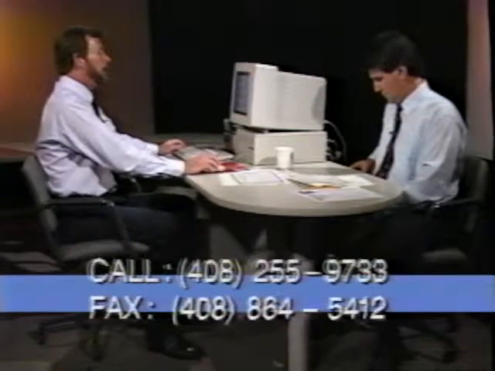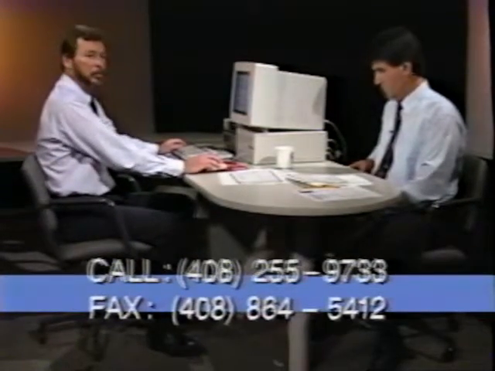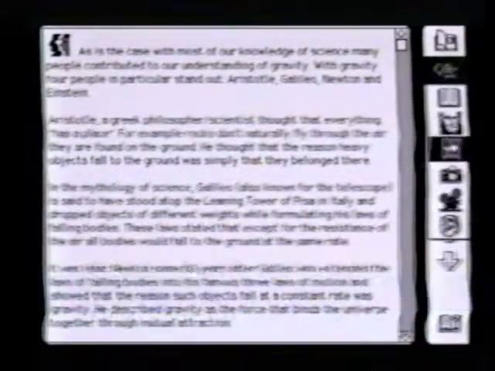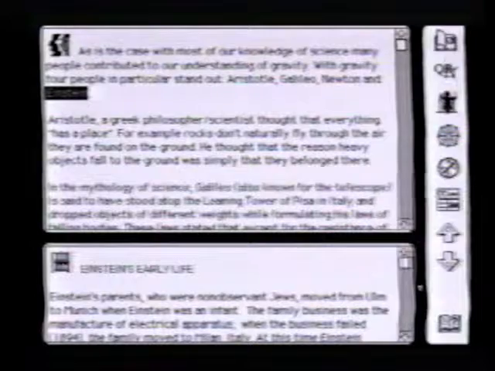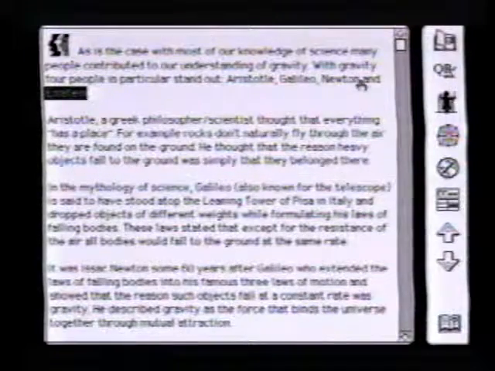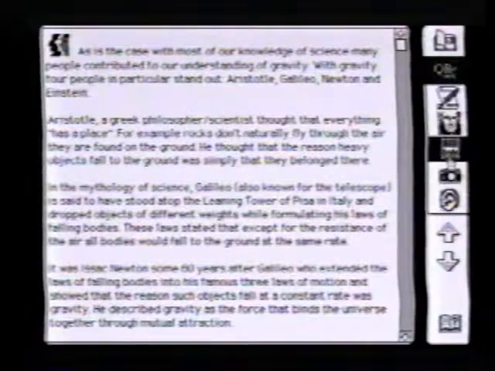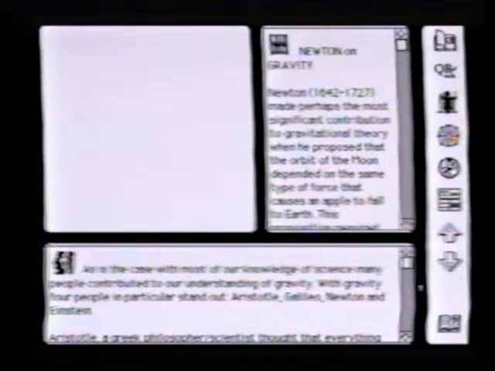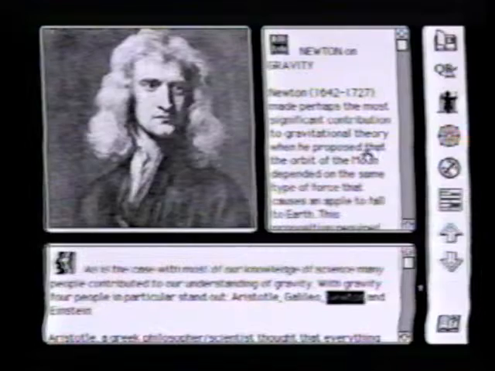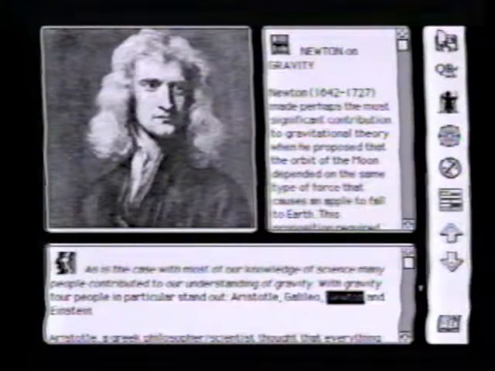So again, let me close on this part of it, the quick reference part, by saying that we have the ability at any time, let's go back to Newton for example. If we're going to be using sound, if there's any way that you can turn up the volume so that people out there can hear, that would help.